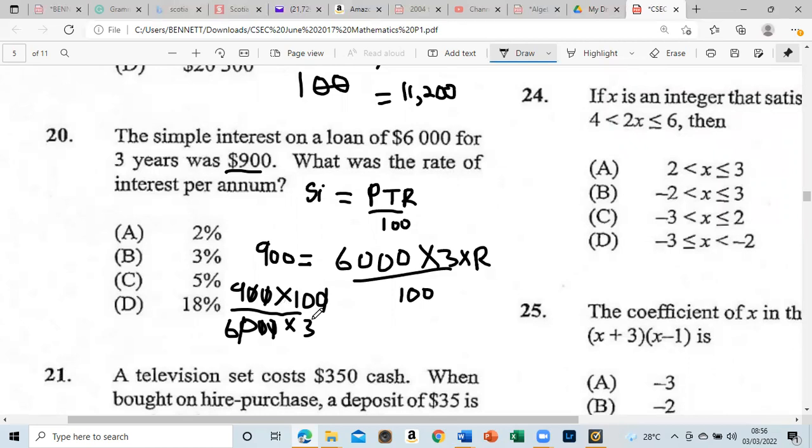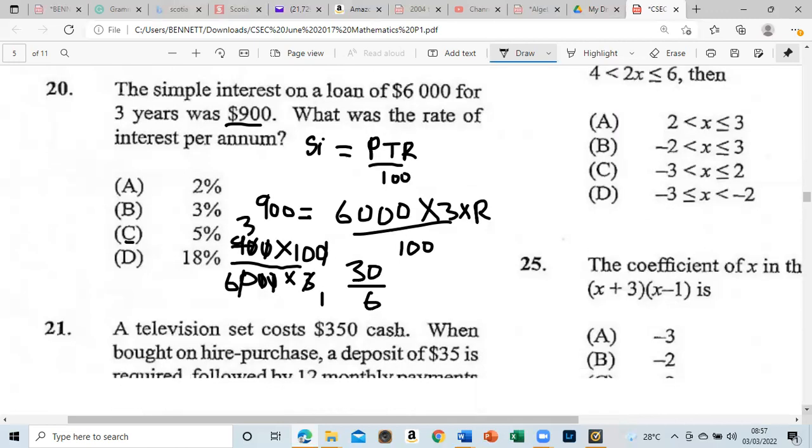So 3 into 3 is 1, 3 into 9 is 3. So that's 30 divided by 6. So that's 5%.